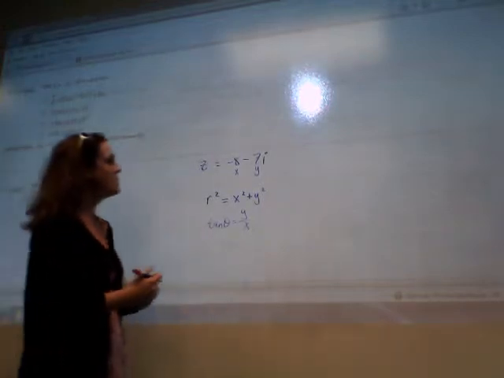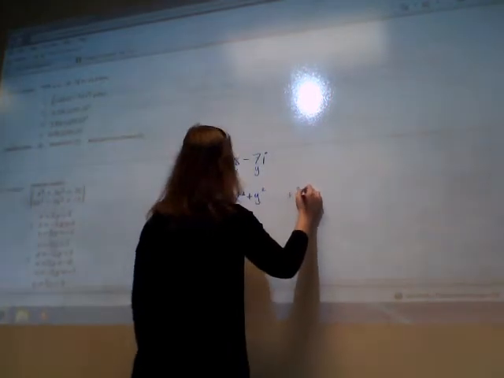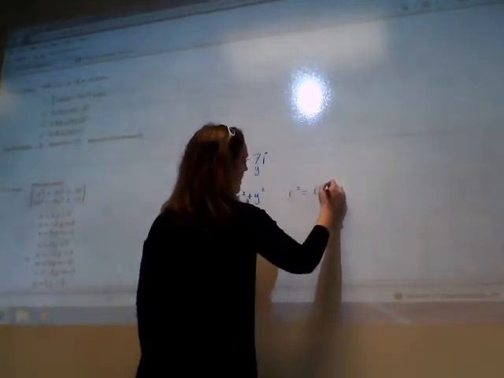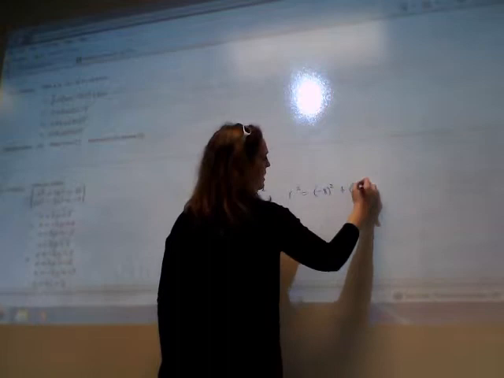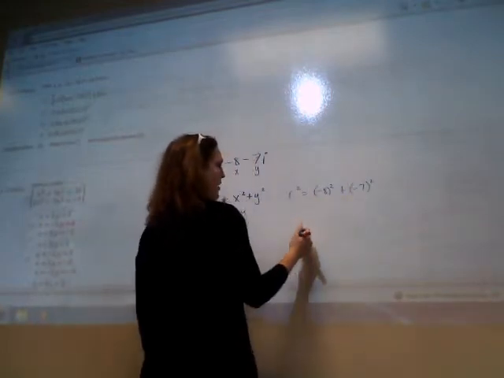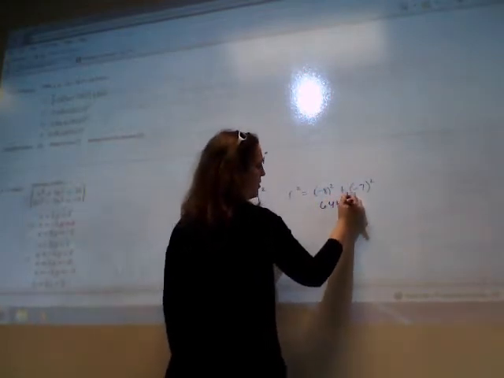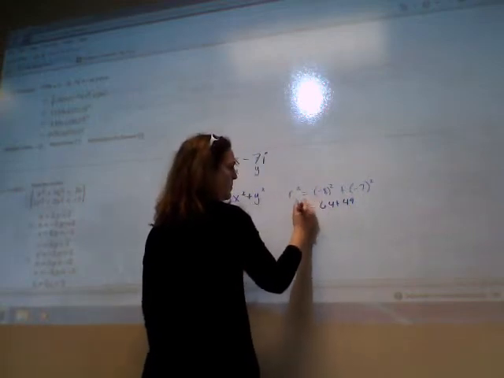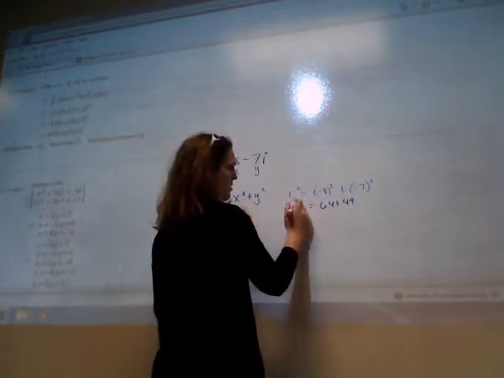So let's plug these in here. We get r squared is equal to negative 8 squared plus negative 7 squared. So we have 64 plus 49. What do we get?